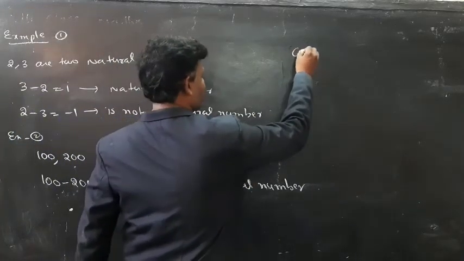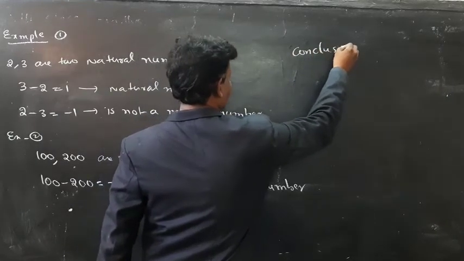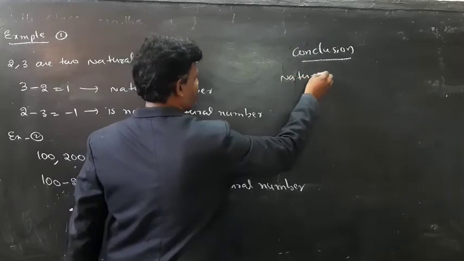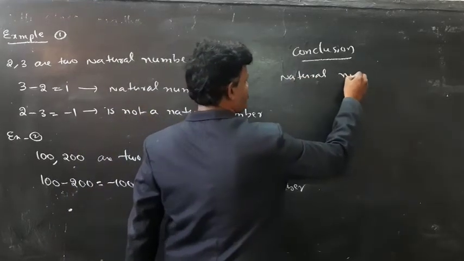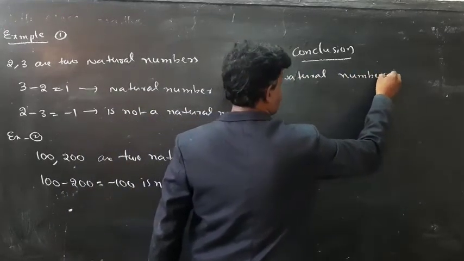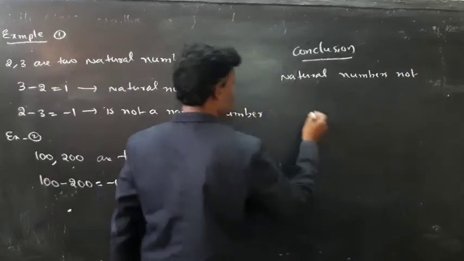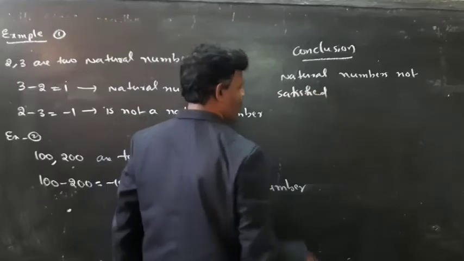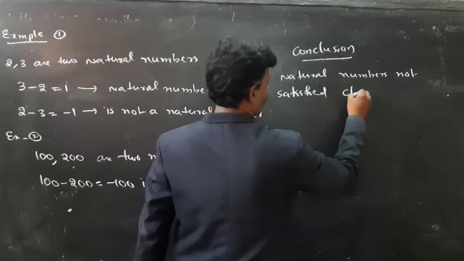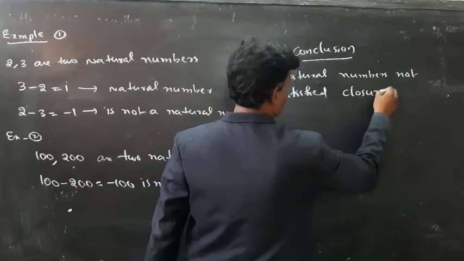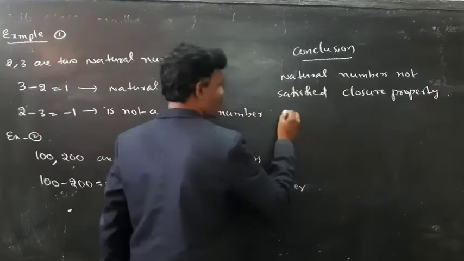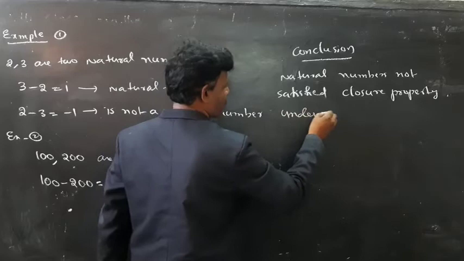So what is our conclusion? Natural numbers not satisfied closure property under subtraction.